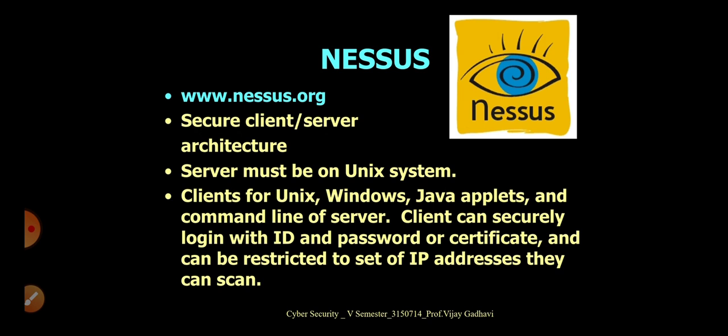Sometimes we use a digital certificate or digital keys for security, and it can be restricted to a set of IP addresses they can scan. Here, once again I repeat, the firewall tool is used for security and defines some kind of policies for authentication and restricts particular ports or IP addresses as per our requirement and defined security.